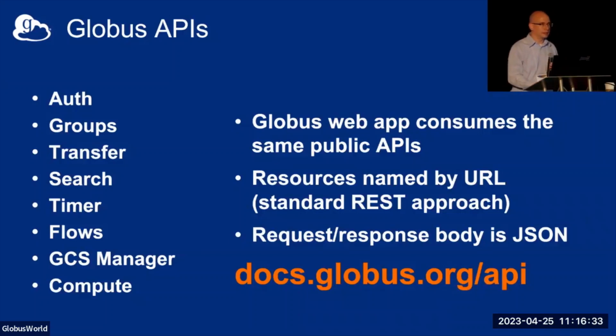All of that is available and documented at docs.globus.org/api. If you go there, you can check out the REST API documentation. You can see what the endpoints are, what the routes are to access those methods that they support.